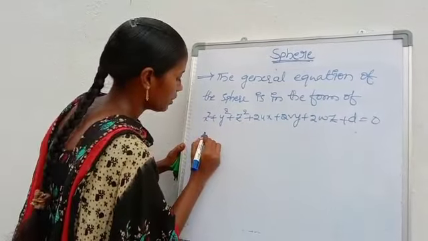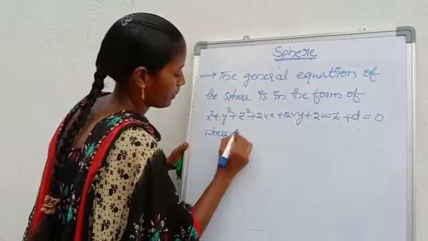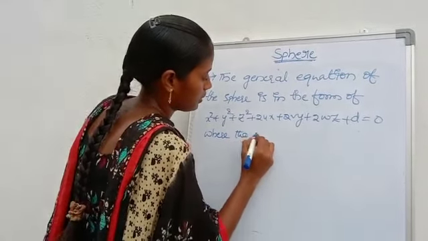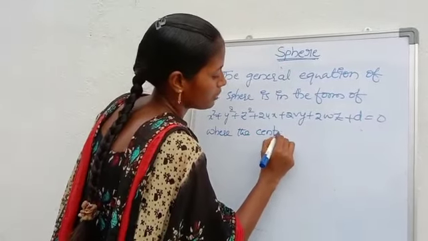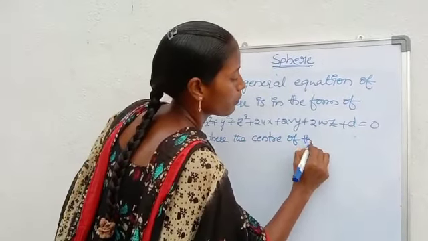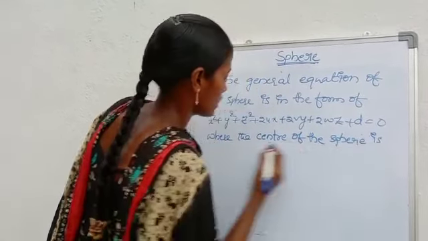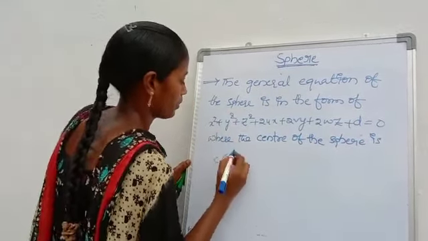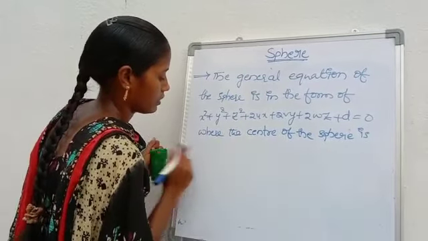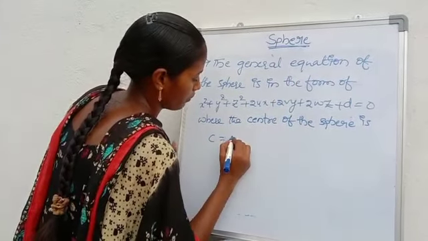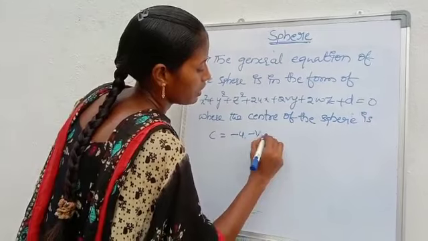From this equation, the center of the sphere is C equals (minus u, minus v, minus w).